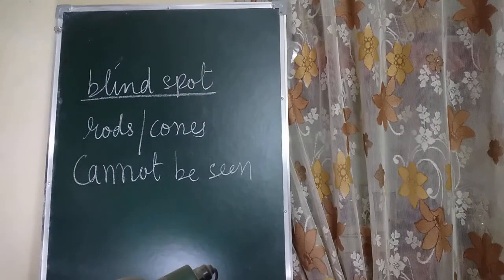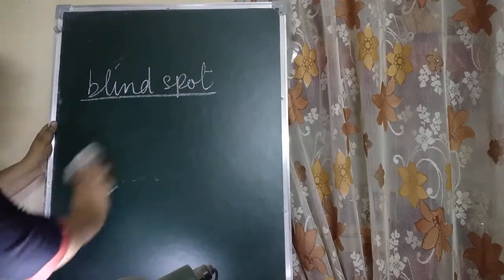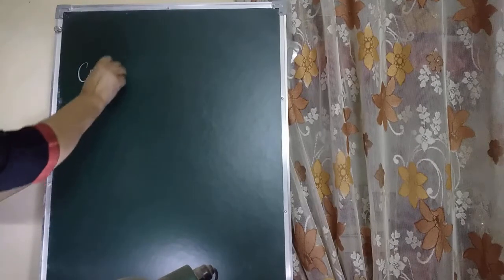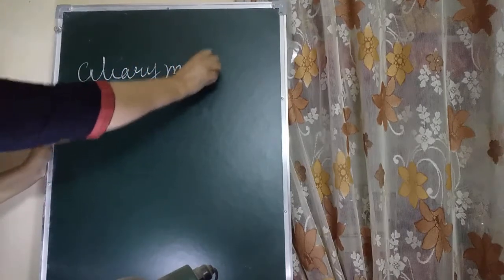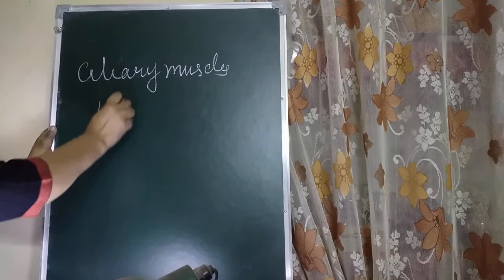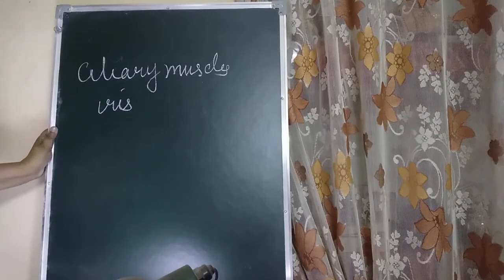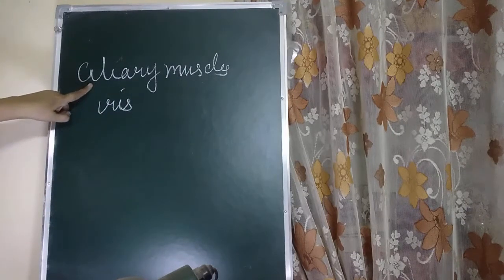Now, the next one is, discuss the functions of ciliary muscles and iris, children. The ciliary muscles control the focal length of the eye lens.